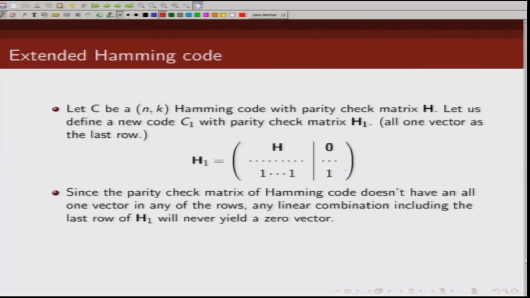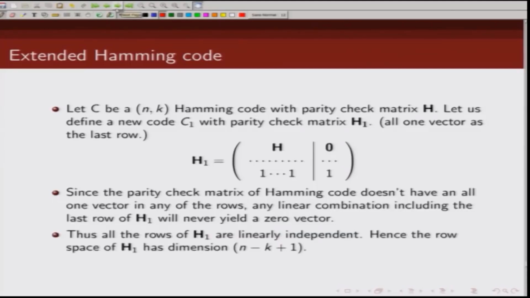The rank of this matrix will be 1 more than the rank of the original parity check matrix H. So, all rows of this parity check matrix H1 are linearly independent, because the original H matrix did not have all 1s here, and this is 1 here, this is 0 here. If we take linear combinations of this with any of the rows of the original parity check matrix, they would not be linearly dependent. So, all rows are linearly independent, hence the rank of this matrix is n minus k plus 1.